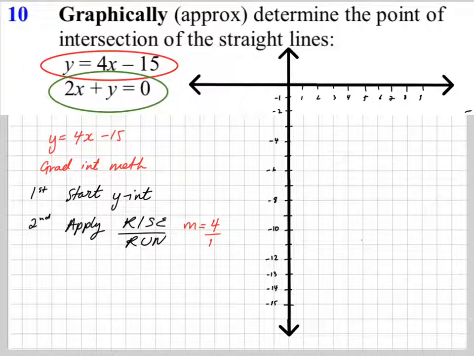So we start at negative 15, because we know that our y-intercept is negative 15. Then we apply our run. Our rise will be 4, and our run will be 1, and that's where we end up.